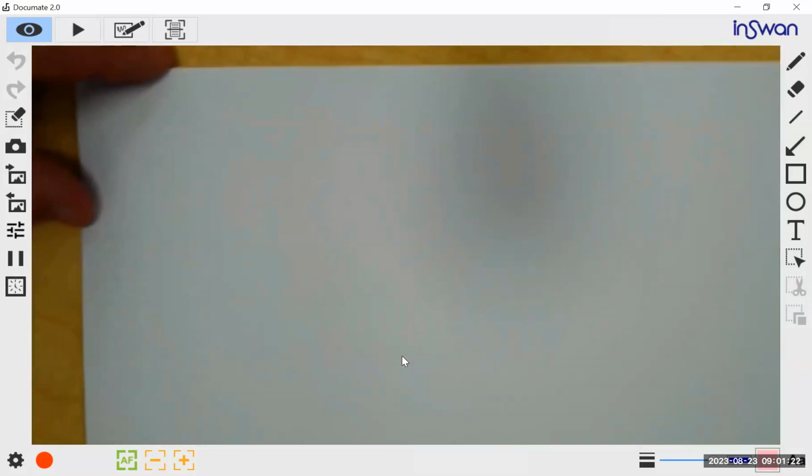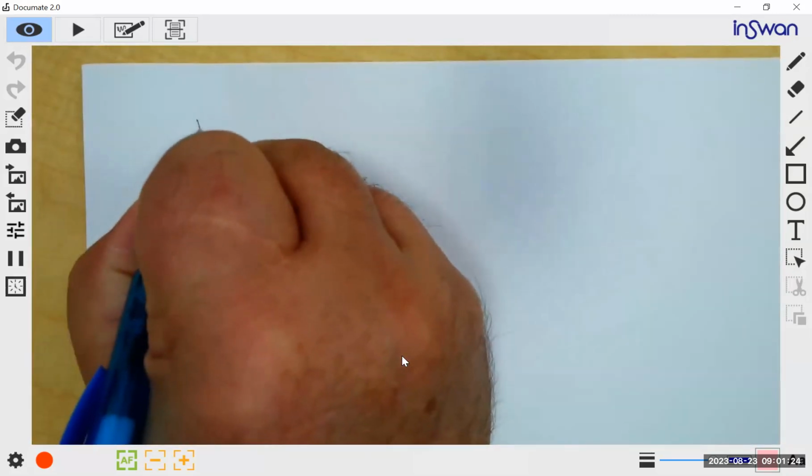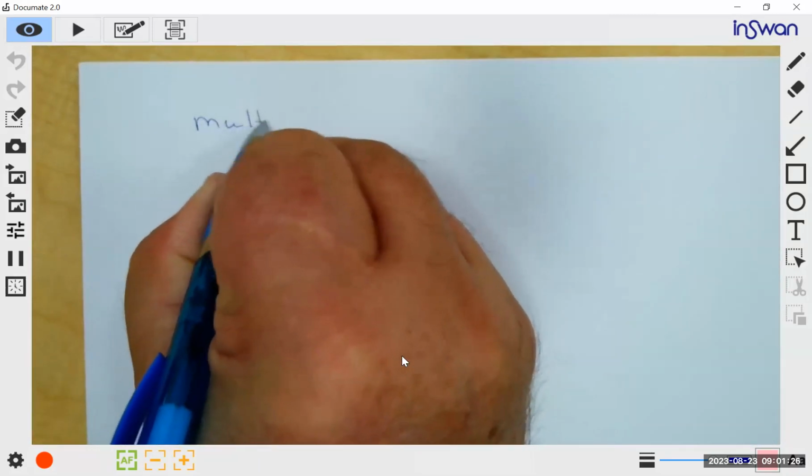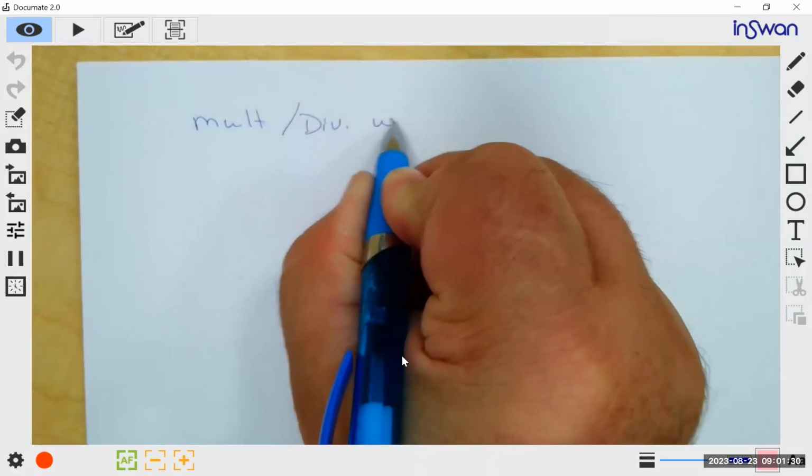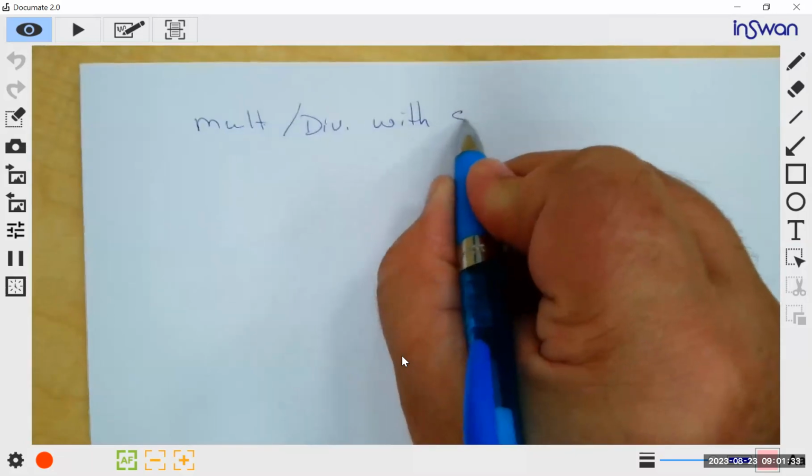With multiplication and division with signs.